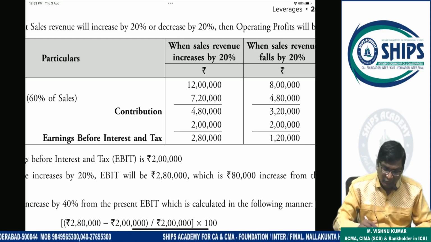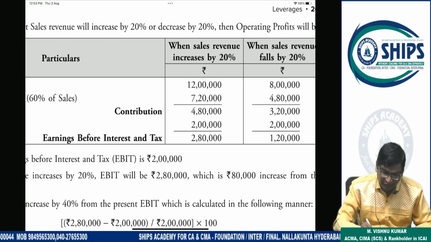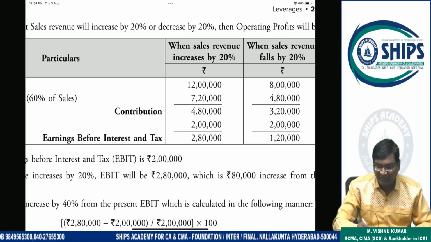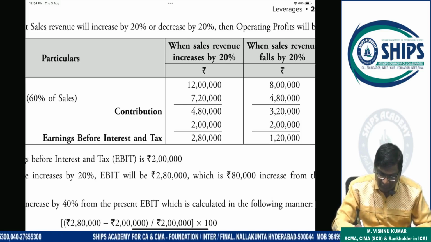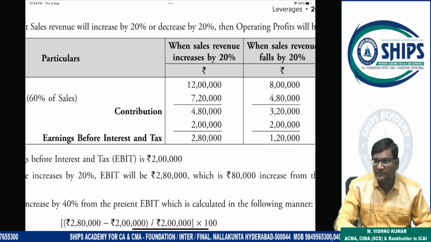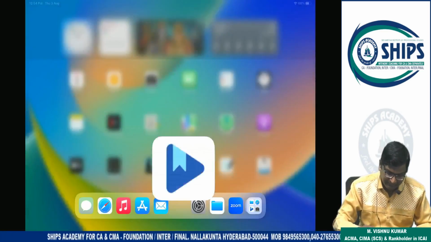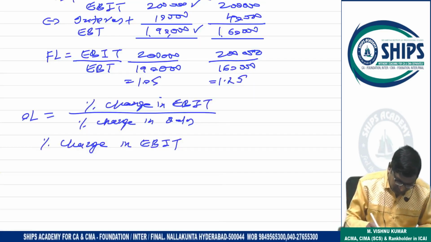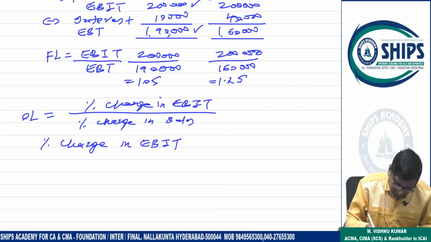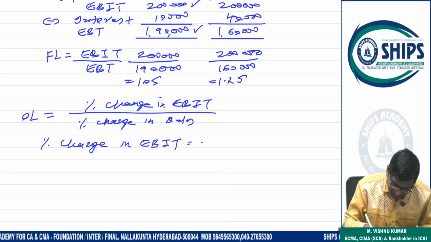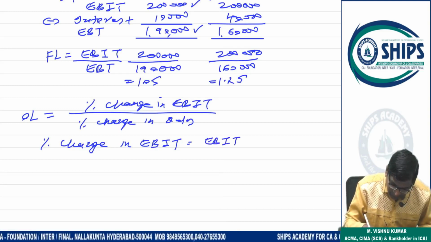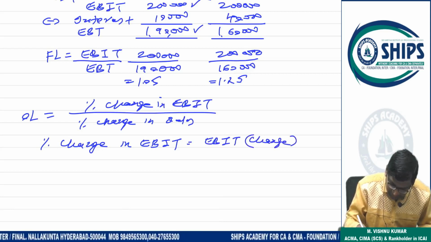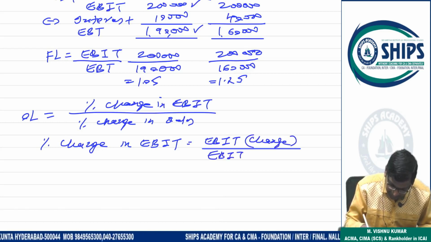Clear? So you should compare this 2,80,000 with the previous 2 lakhs, and you should compare this 1,20,000 also with 2 lakhs. Okay? So percentage change in EBIT we are calculating. So this is EBIT change divided by EBIT base.